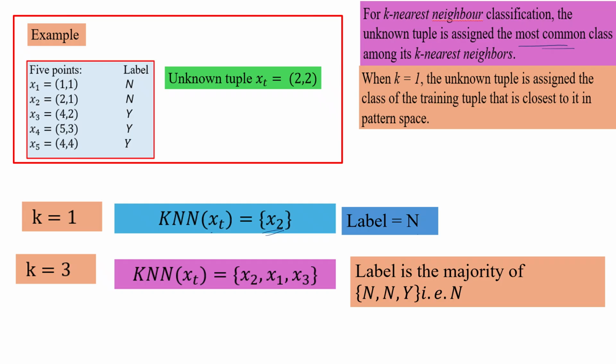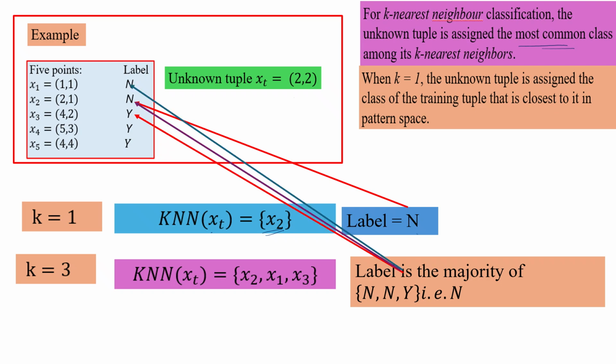And for 3, x2, x1, x3, the label is the majority of the 3 labels. So for k equals 1, this n is straight away assigned to the new tuple xt. For k equals 3, with x2, x1, x3, we have 2 n's and 1 y, so the majority goes to n.